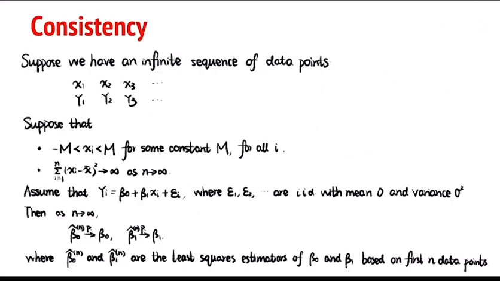I think I've shown you all of that. This is where I'm going to start in my next class, where I'm going to talk about consistency, the consistency property of an estimator.